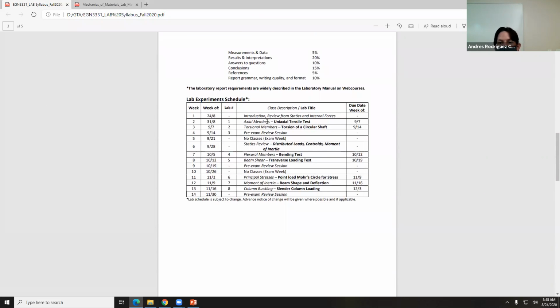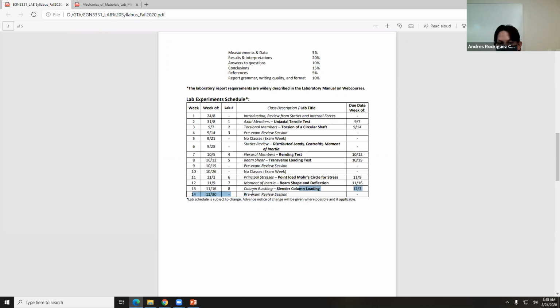This is the schedule that we are going to have. As I told you before, we are here right now for an introduction, that is the syllabus, and for the static review. We are going to have the lab meetings that are going to be here, and we are going to have some meetings in here that are going to be done for the pre-exam, for another static review, another pre-exam session, and another pre-exam session.